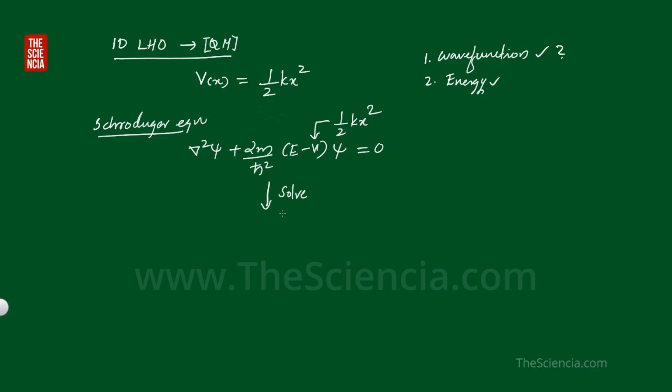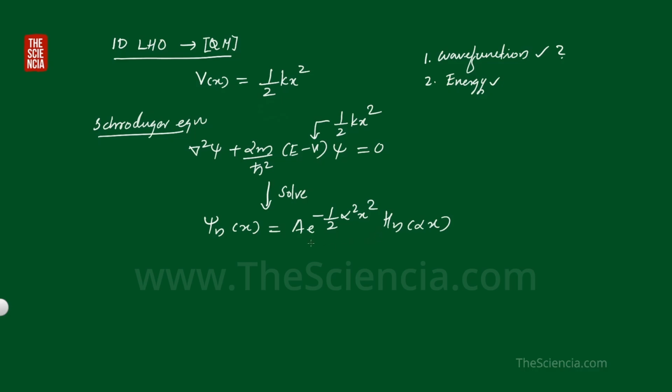So finally, we will get a solution, and that solution will be ψ(x) equal to A e^(-½α²x²) Hn(αx). Here I am not going to do the derivation because it is a lengthier one and it is not necessary, and you have already done those derivations in your PG class. Here we need only the final expressions and the physics.